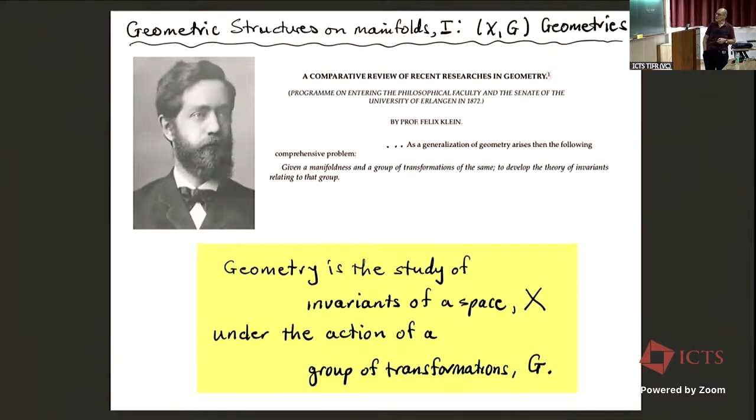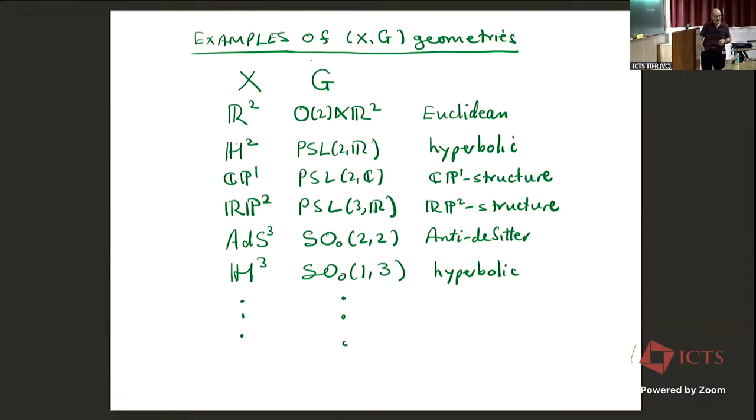And this is the way he put it: as a generalization of geometry arises this problem, given a manifoldness, so that's a space, and a group of transformations of the same, to develop a theory of invariance of that space. So in modern language, geometry is the study of invariance of a space under the action of a group of transformations. And from this perspective, we can identify many interesting geometries.